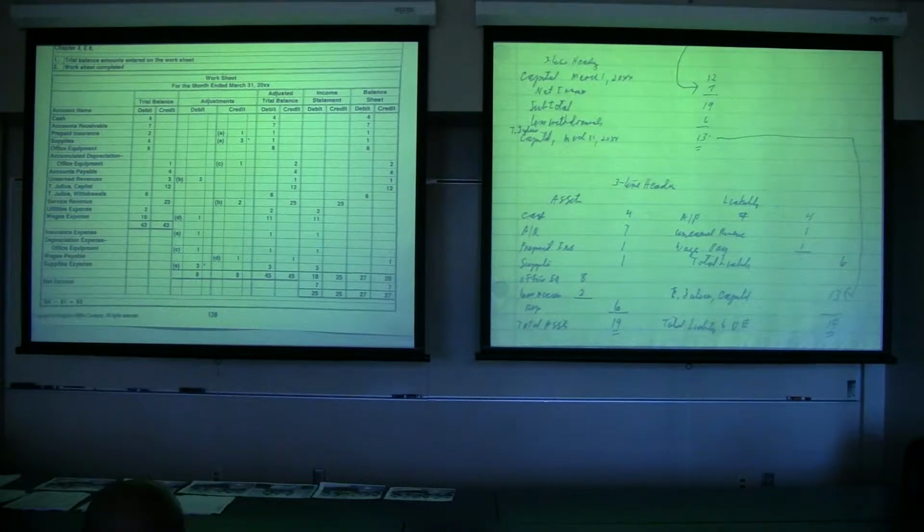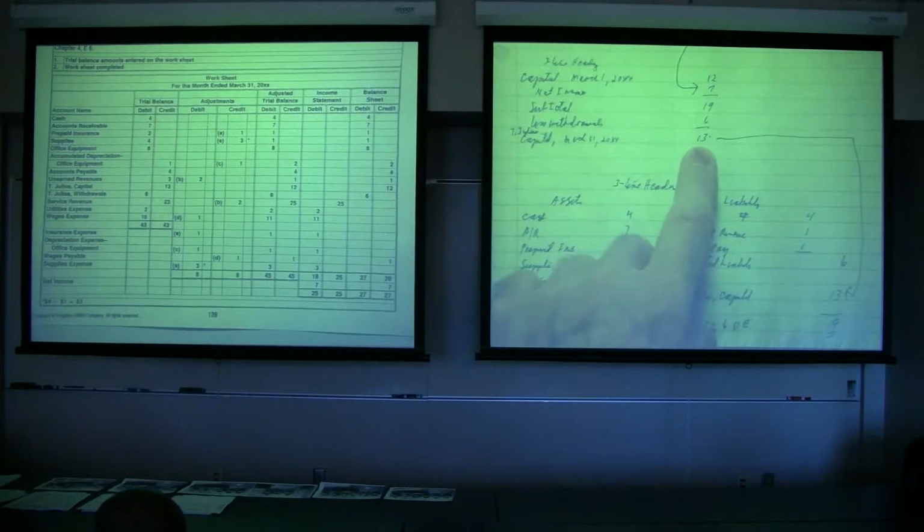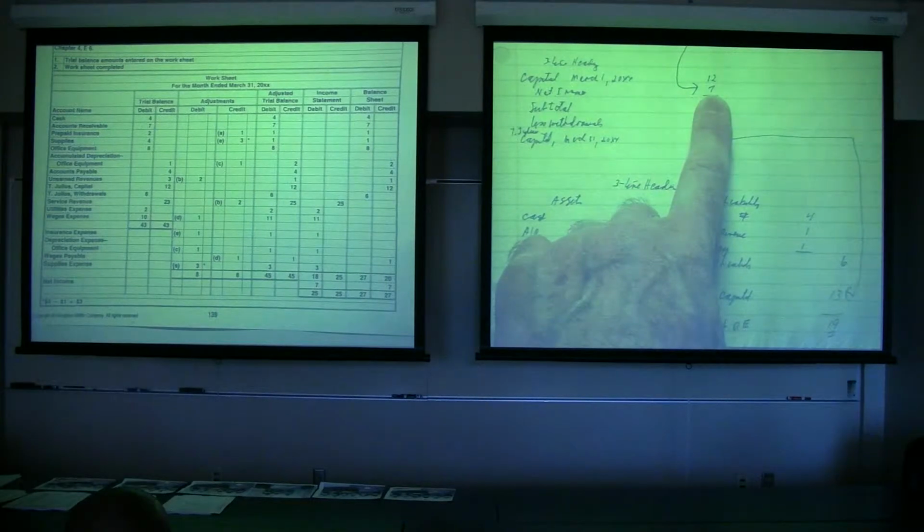Yeah, Andrew? Why is capital 13 if it says 12? Oh, because it increased, the way it came from the statement of owner's equity. You see the one here, follow the arrow back? It came from here. And what it did was it increased by 7, which is the net income.